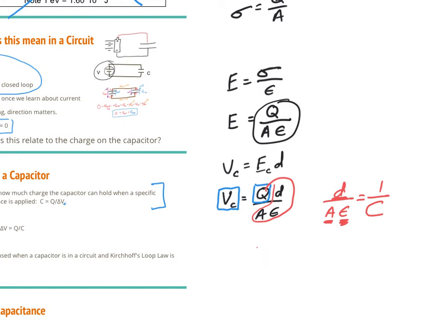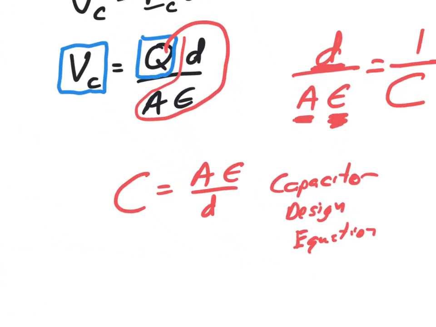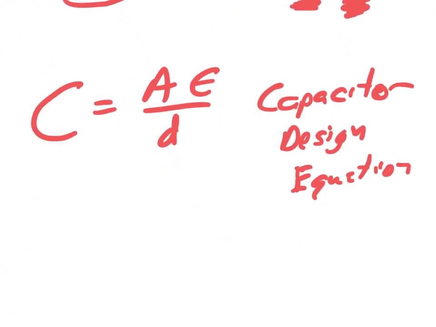I call this C equals A permittivity over D the capacitor design equation. Because it focuses on the things you need to design a capacitor. How big it is, how much it's spaced out, and are you putting anything special between the two plates? That's it.